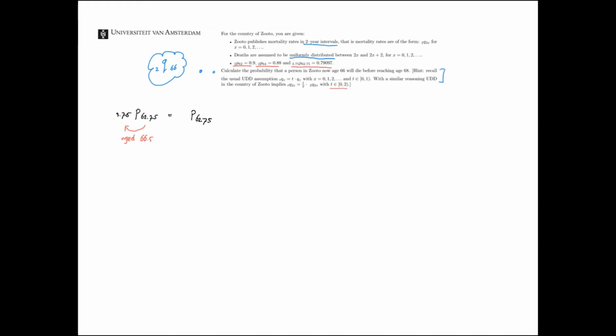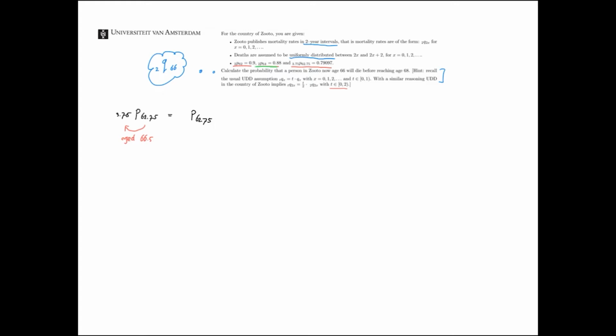So the first integer age is 63, but it can be seen from what is given that we don't know anything about a survival probability of somebody aged 63. We do know something about somebody aged 64, so that's what I now underline in green. Perhaps that is the way to go.